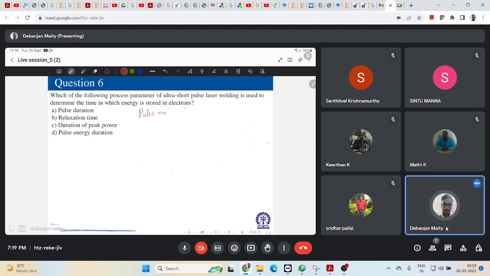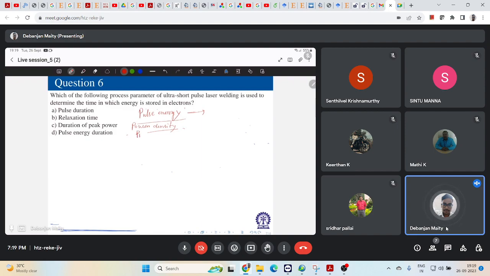What does it tell you? This is the energy delivered in a single pulse, right? Then you have power density. What does power density dictate? The number of laser photons impinging on the material.